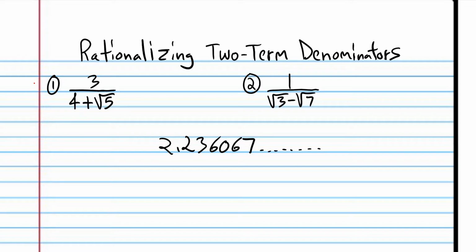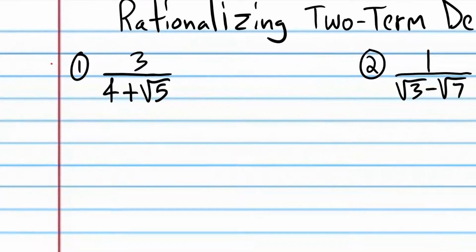So if I try to divide that into something, that huge decimal that goes on forever, because that's what a fraction is, you're dividing. You're taking 3 and you're dividing it by all this stuff. If I try to do that, it's really almost impossible. Pretty much it is impossible, because the divisor just goes on and on. So that's why we want to get rid of the root in the denominator. So here we go. Let's do it.